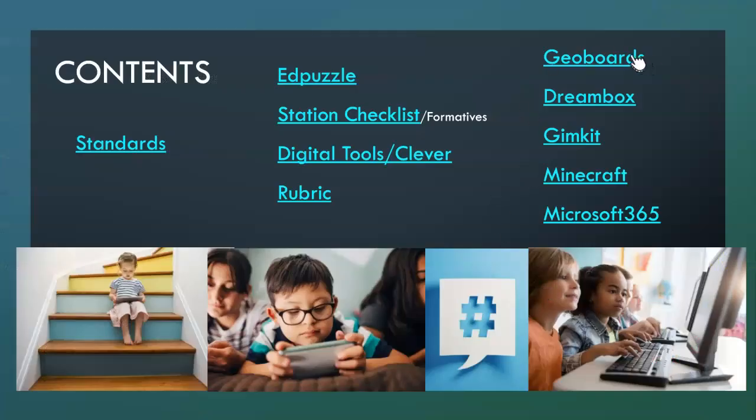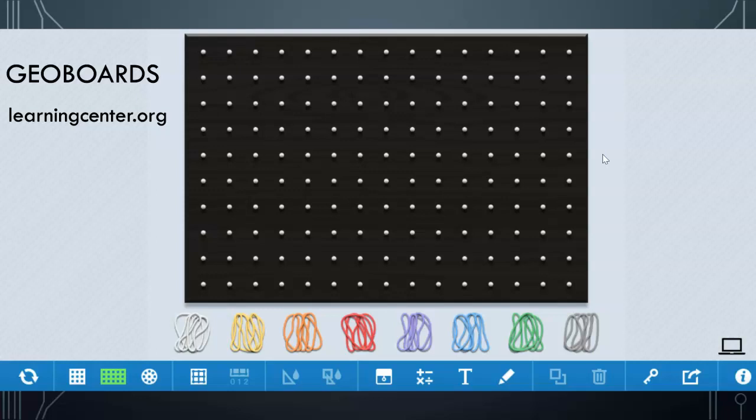So with those, we had some other tools that we found. GeoBoards, learningcenter.org. This was really cool. We were in the middle of class in my small group. We didn't have enough actual GeoBoards, and the rubber bands kept breaking. The GeoBoard I found online was not able to make it this big, and another student actually came up and showed me this one and how we could manipulate it.